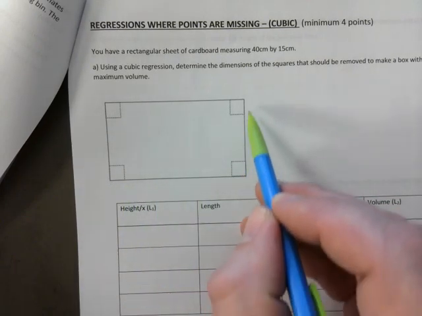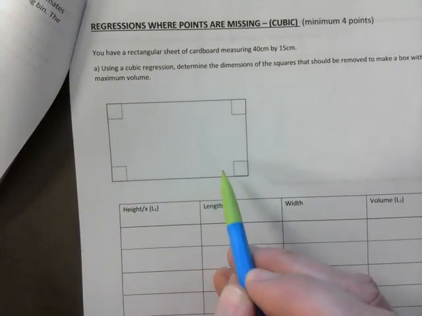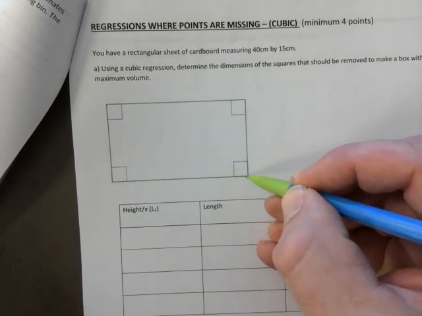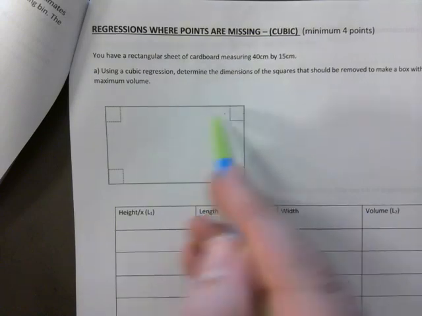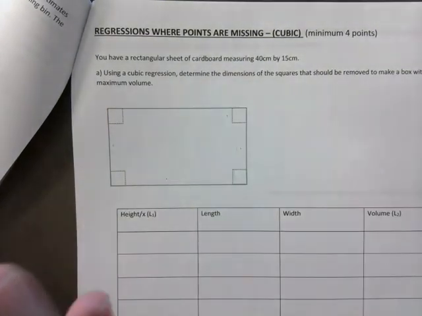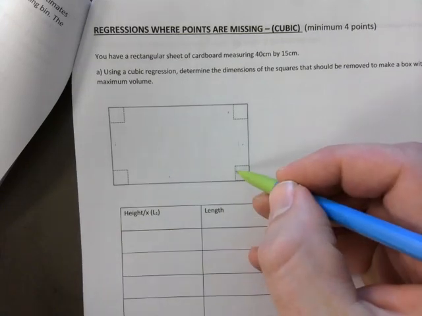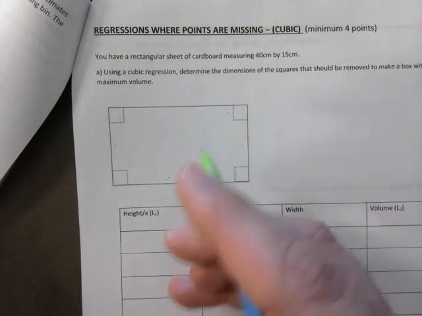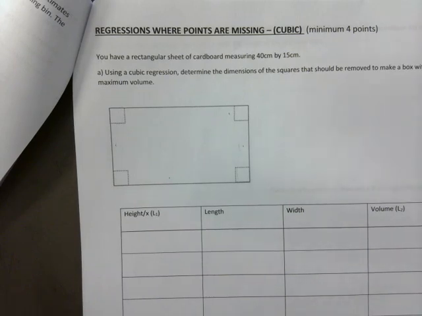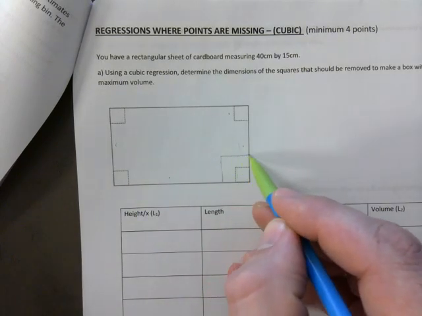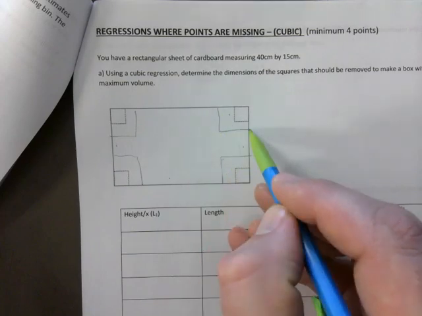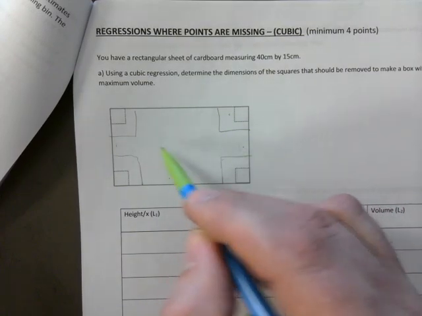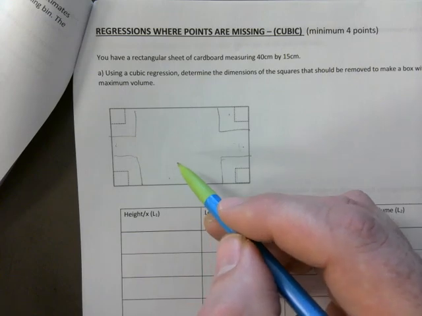Imagine you have a piece of cardboard like this, and you're cutting out the corners, because then these side pieces will fold up, and then you have your box. The bigger you make these cutouts, the deeper the box is going to get. Don't do this right now, but if you cut out bigger corners, all of a sudden this box that you're going to fold is going to be deeper.